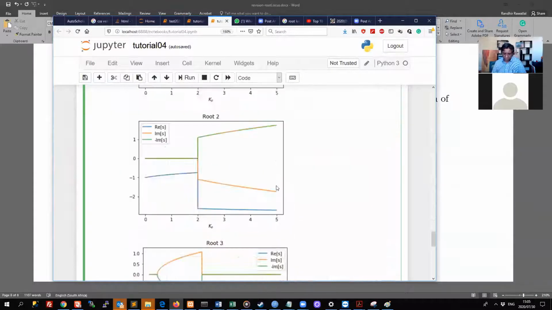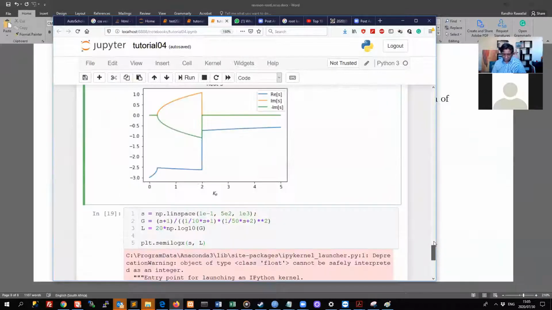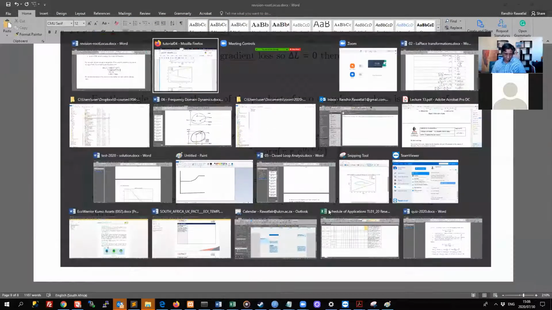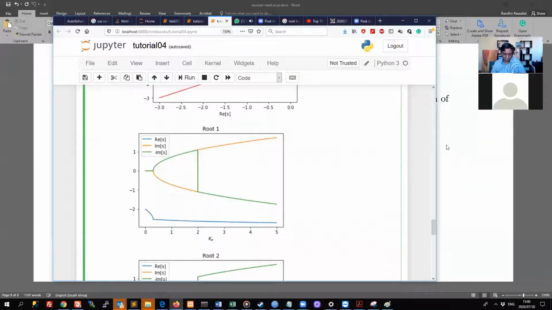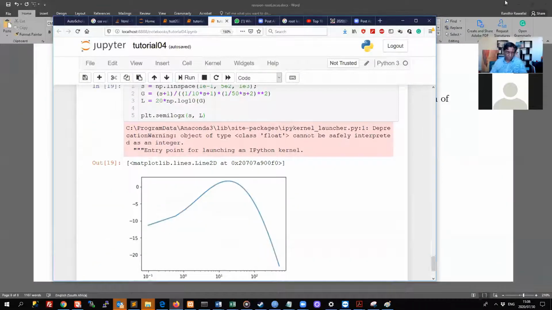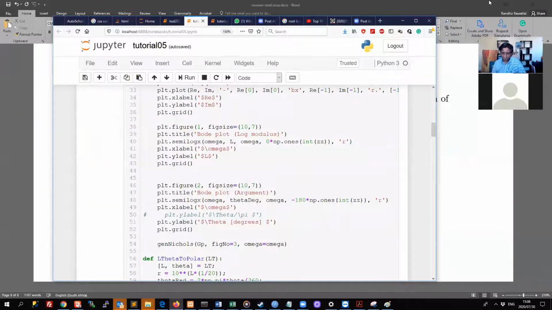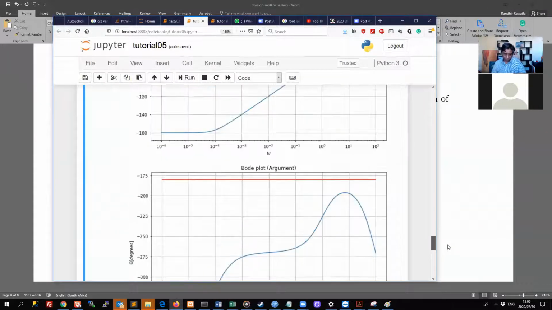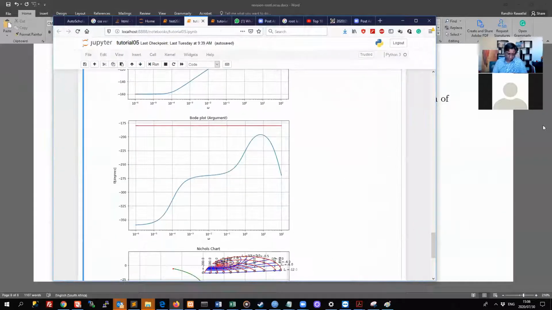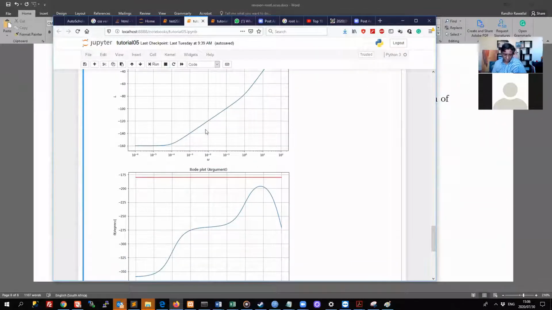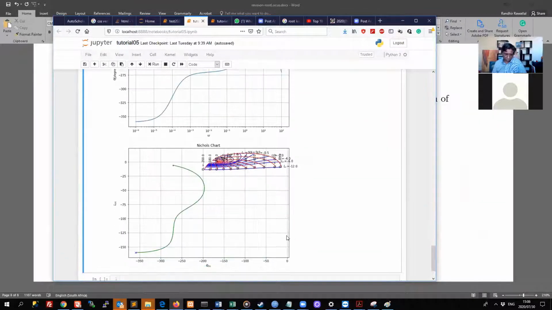Then the last important one to look at is the Nichols chart. So if you have your Bode diagram drawn out, what we want to do next is take these two diagrams and convert them to one curve on the so-called Nichols chart.